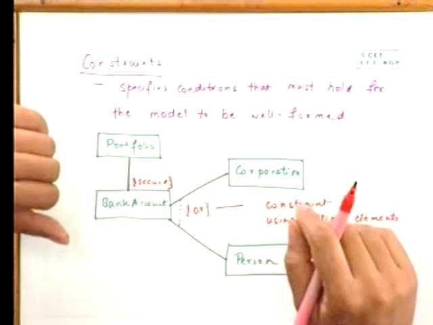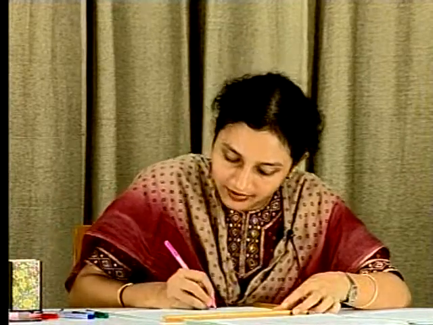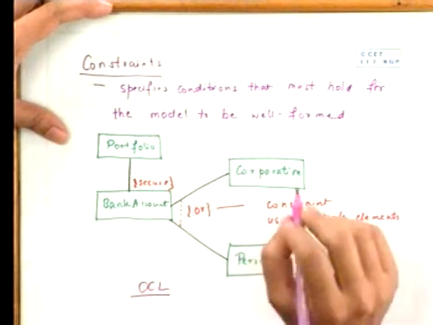You can represent a constraint either informally in UML or in a formal language like the Object Constraint Language, OCL. OCL provides a formal way of specifying constraints. We will not go into details of OCL, but we will look at a sample rule.